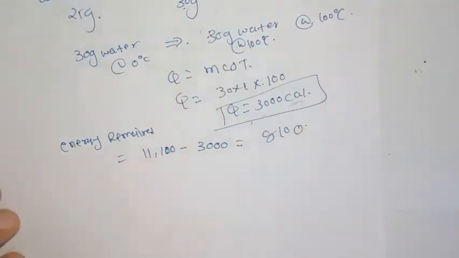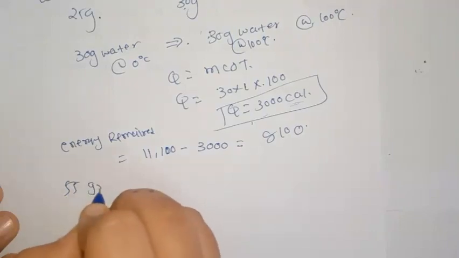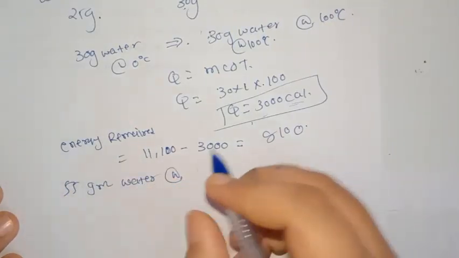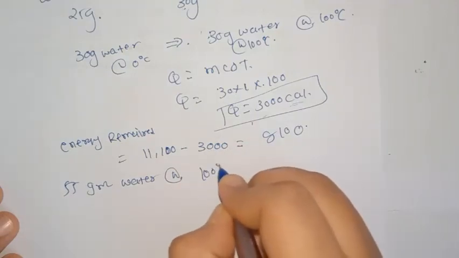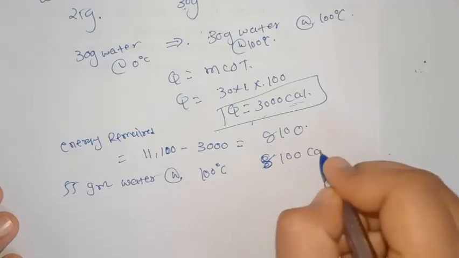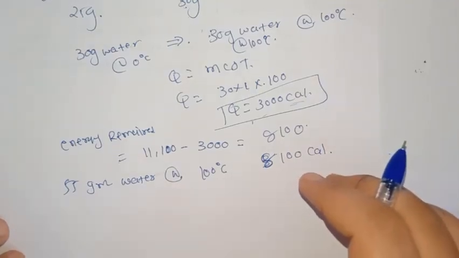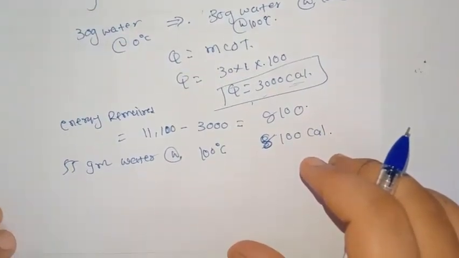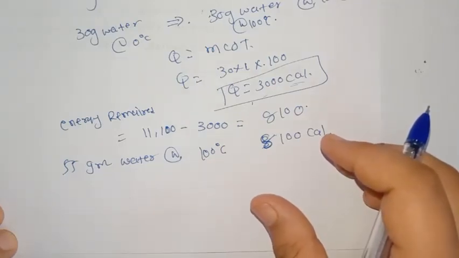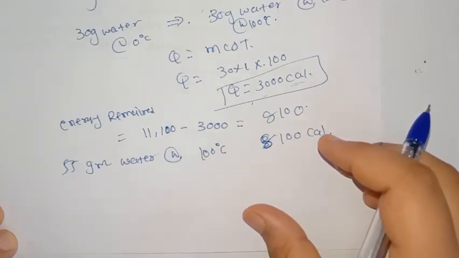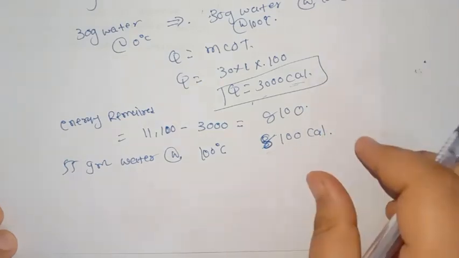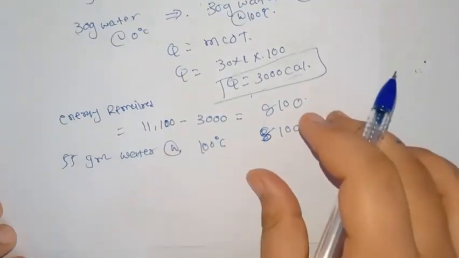Now, finally, we have total 55 gram of water at 100 degrees Celsius and 8,100 calorie of energy. This much energy will convert some of the water into steam.